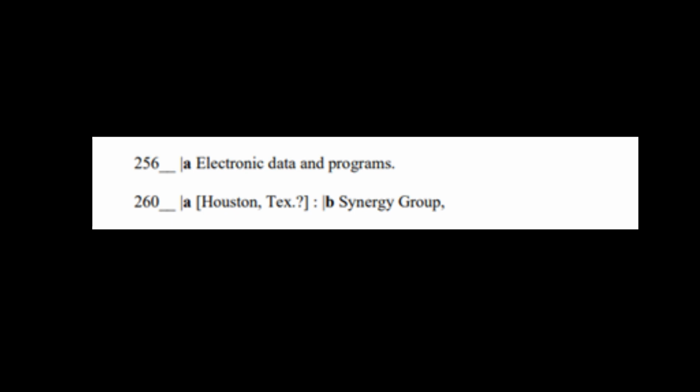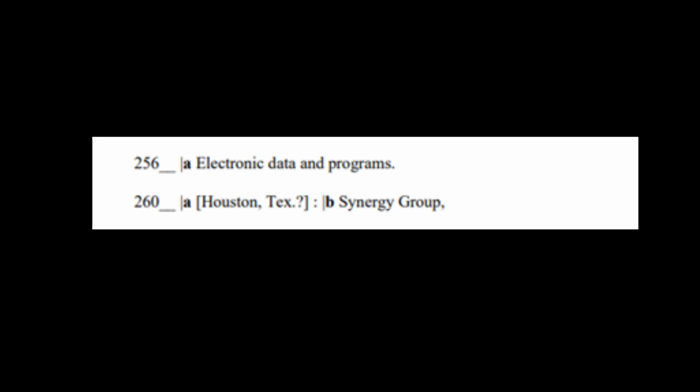Then you can also indicate the number of record statements. So in this case, the characteristic of this electronic format is electronic data and programs. So that's it. So let's go to tag 260. Tag 256 and 260 have no indicators. If you can see there, it's blank.